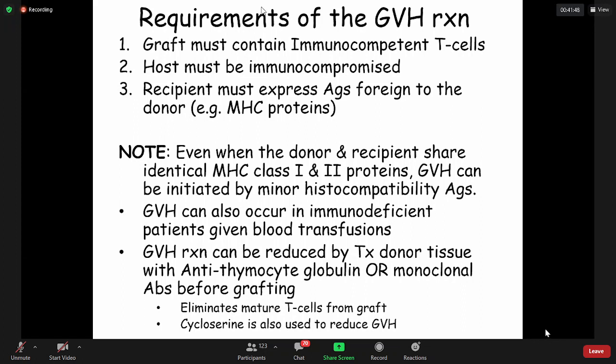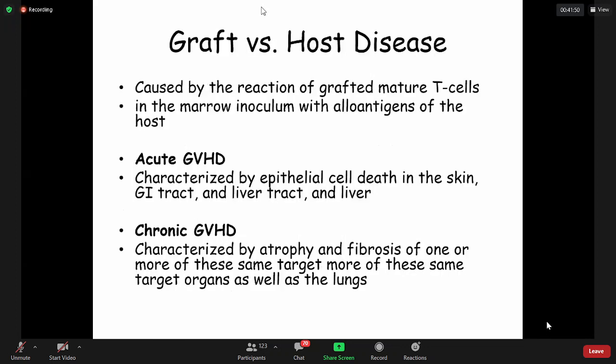We have already talked about graft versus host disease, which is caused by the reaction of the grafted mature T cells in the bone marrow inoculum with alloantigens of the host. It could be acute or chronic.